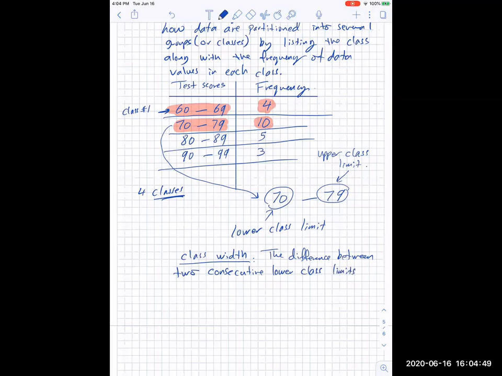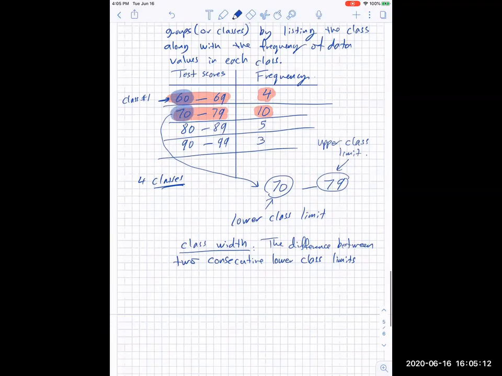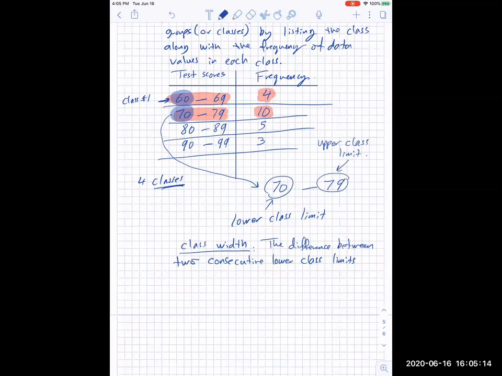Okay, so if I go back to the table, look guys at this here. This is the 60, the beginning of the first class. The beginning of the next one is 70. The difference between these is 10. This is our class width. So class width in this case is 70 minus 60, which is 10.